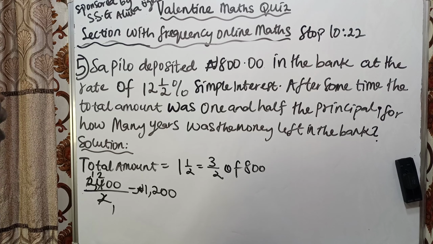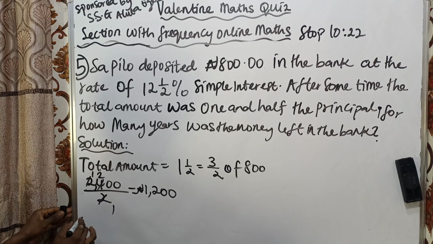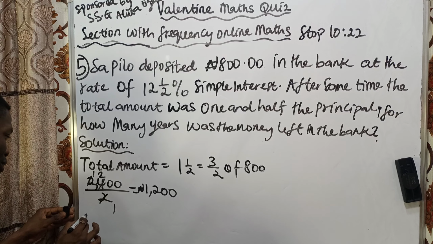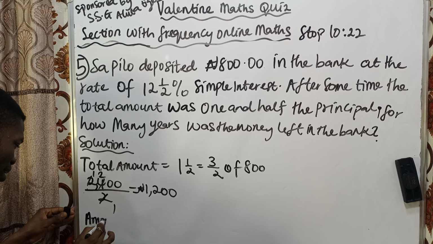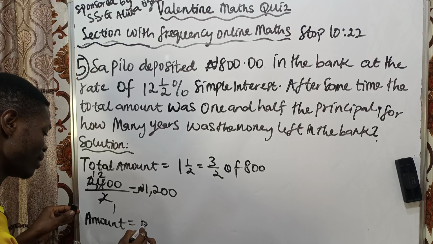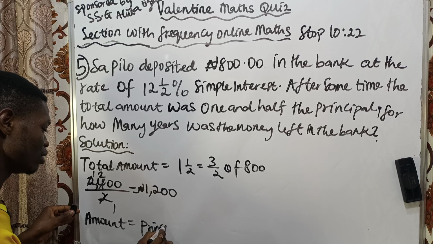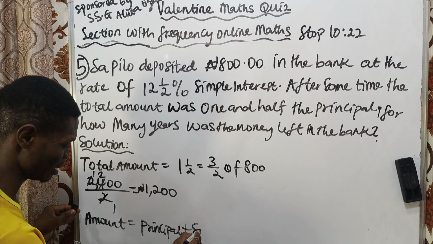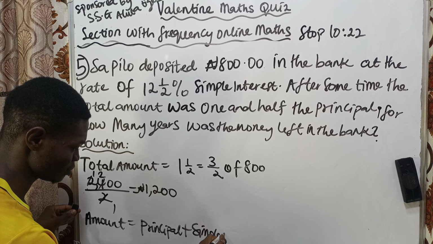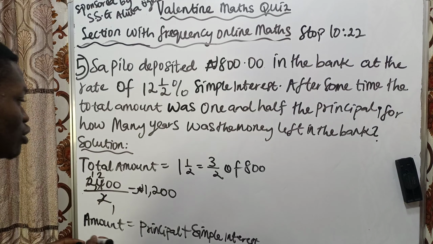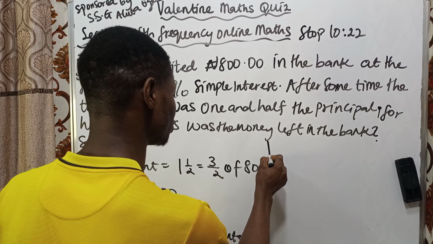Now remember, with simple interest, if you want to get your amount, the amount is equal to the principal plus the simple interest.